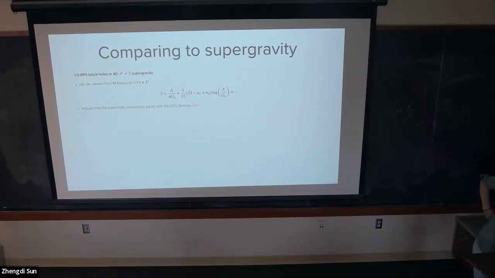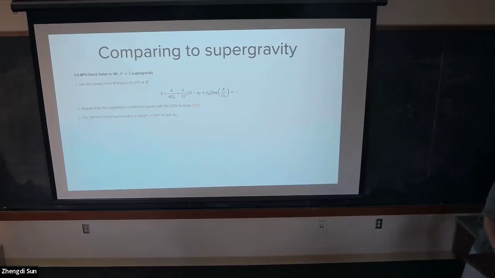And here the logarithmic correction depends on the details of the Calabi-Yau, which encodes the number of vectors and hypermultiplets that appear in the theory. And it was argued by Suzanne that this logarithmic correction agrees with the OSV formula, or OSV conjecture, that says that the black hole entropy can be computed by evaluating the topological string partition function.